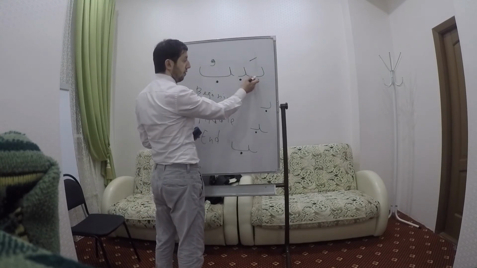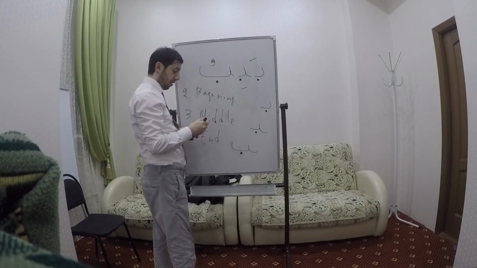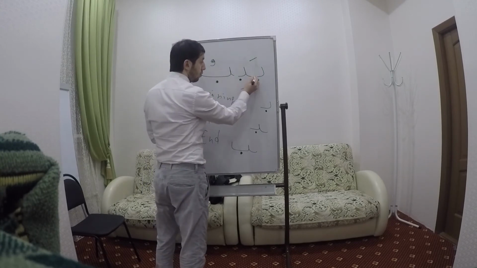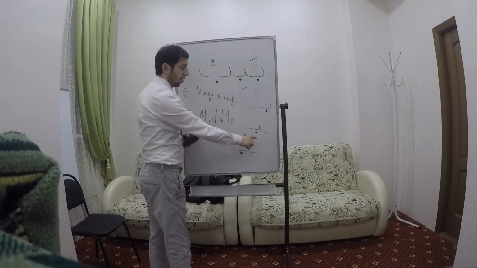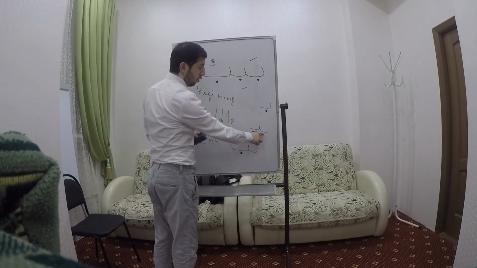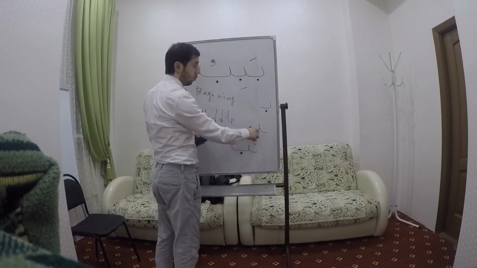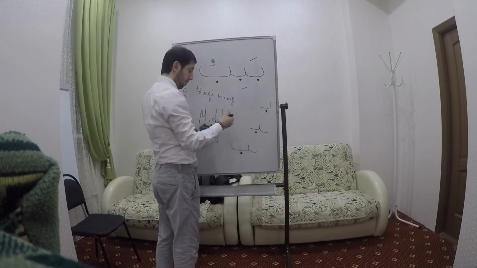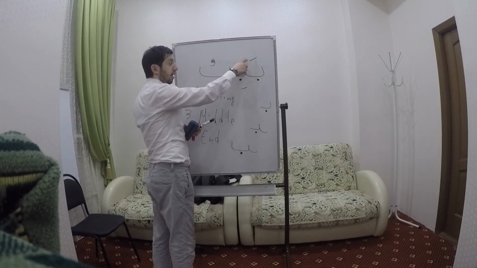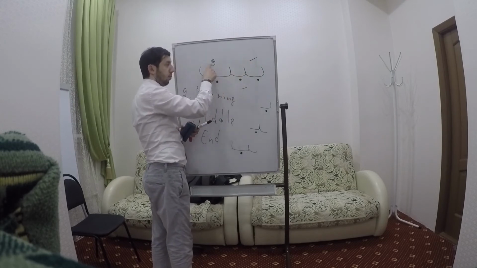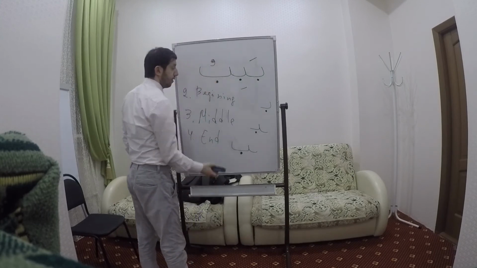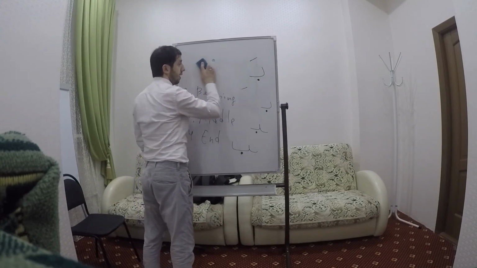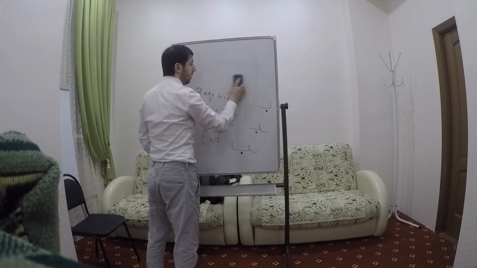So beginning form, middle, and in the end. But we need to write it like this. As I told you, this one is half of the letter which is before. Ba, bi, bu. So yes, it is the second letter in the Arabic alphabet.